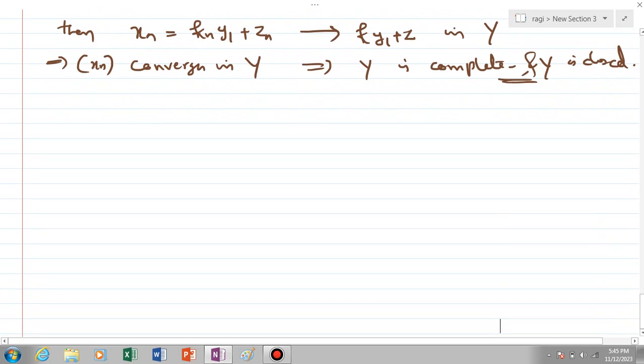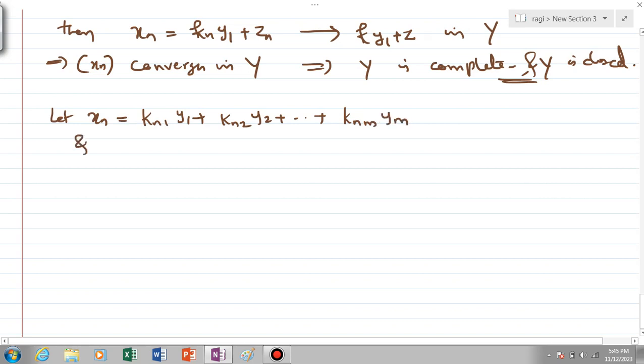Next we have to show that, let xn be in the form kn1 y1 plus kn2 y2 plus etc. plus knm ym, and x in the form k1 y1 plus k2 y2 plus etc. plus km ym.